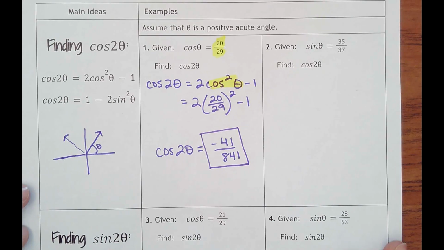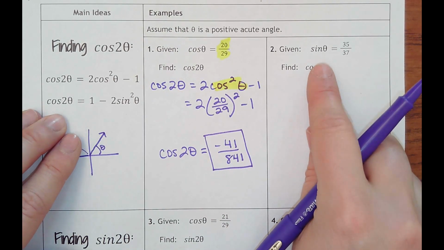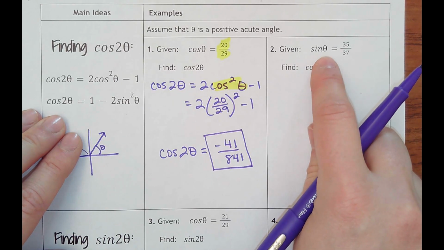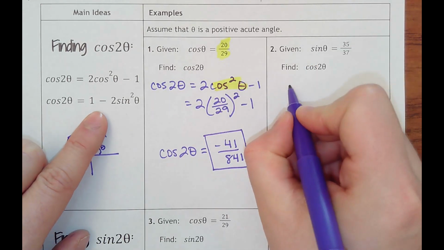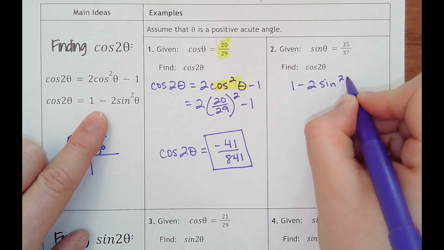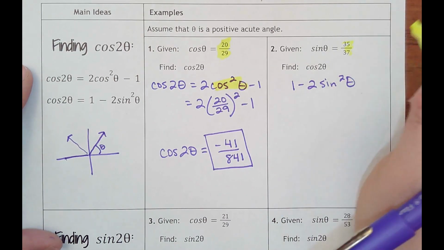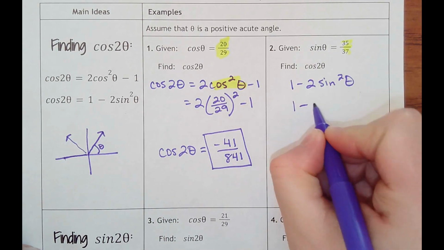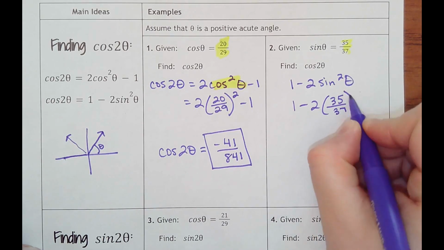All right, and then number 2, we're still finding cosine of double the angle. So we're going to use one of these formulas, but this time we're given a sine ratio of opposite over hypotenuse. So we're going to use this formula, 1 minus 2 times sine squared. And our sine of theta is 35 over 37. So it'd be 1 minus 2 times 35 over 37 squared.